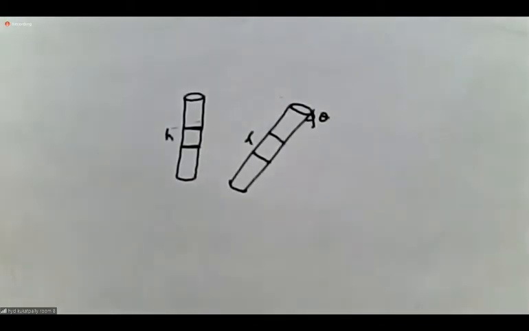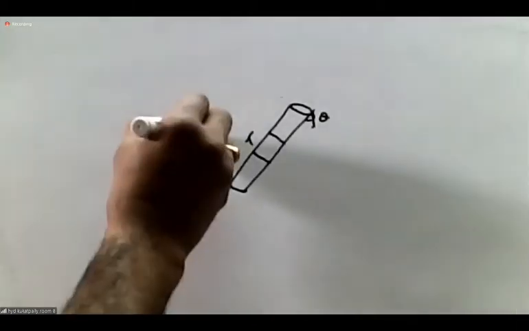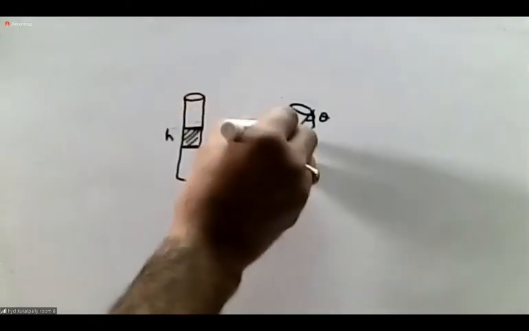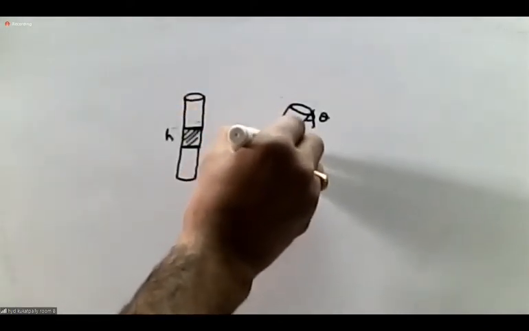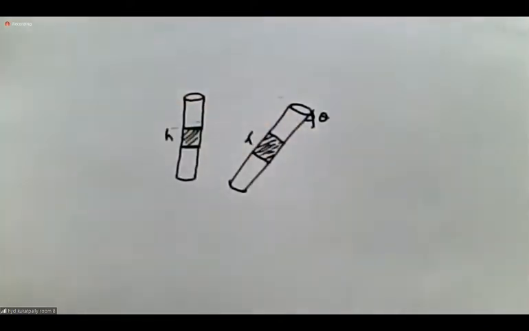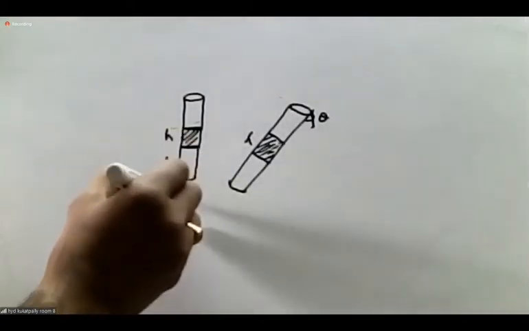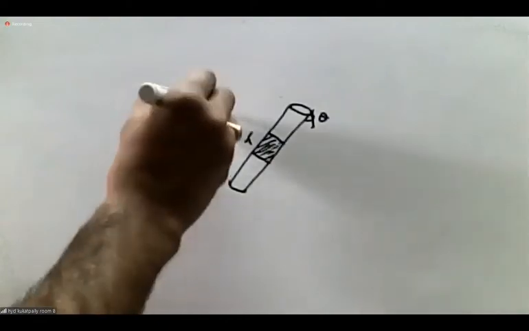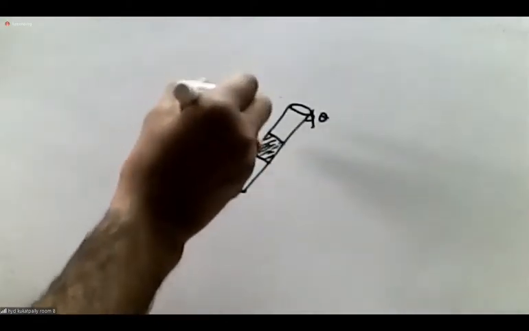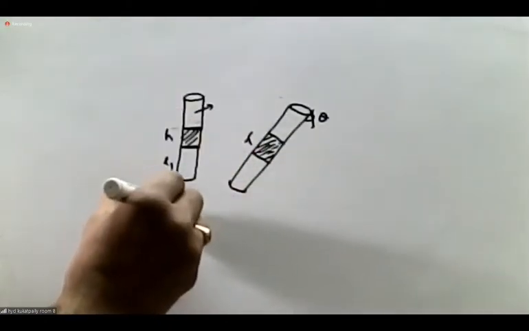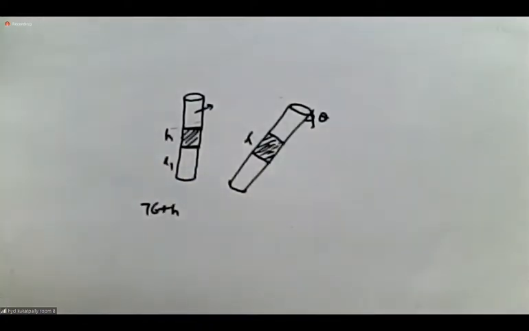Now how to apply Boyle's law, how to verify? Here the length is L1. So the pressure will be, this is atmospheric pressure, this is H, so 76 plus H I can write. Atmospheric pressure means you replace the atmosphere with a mercury column of height 76 centimeters.